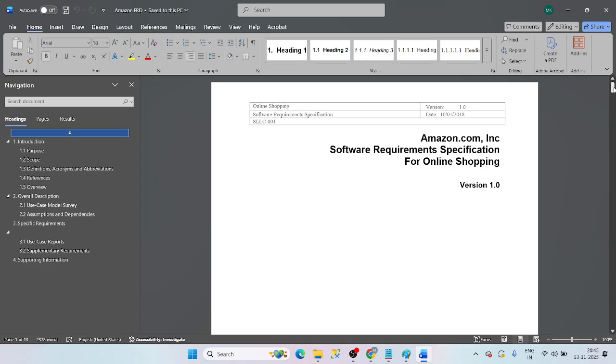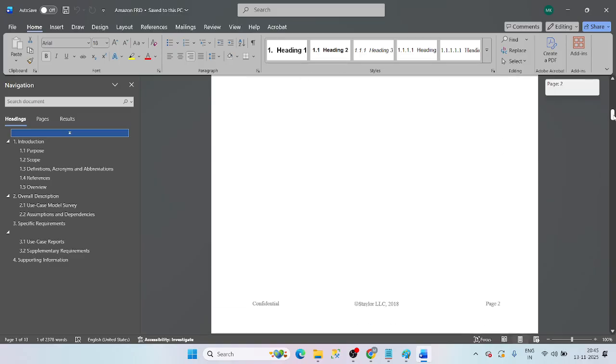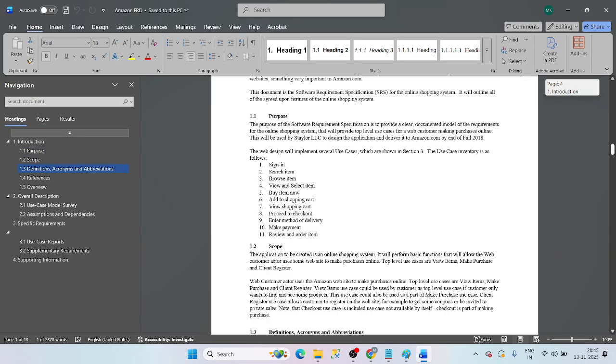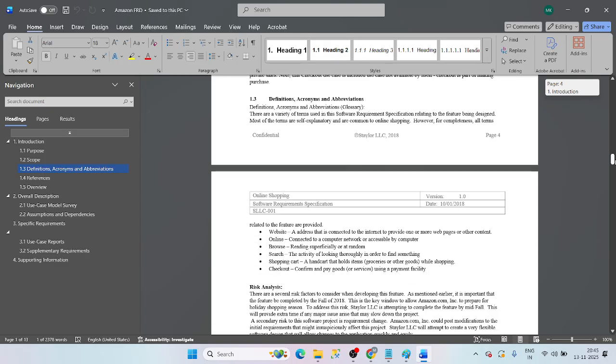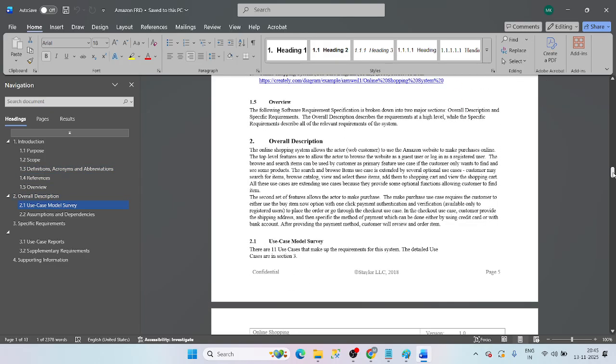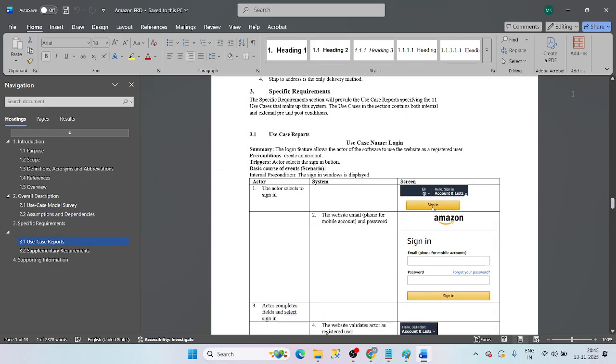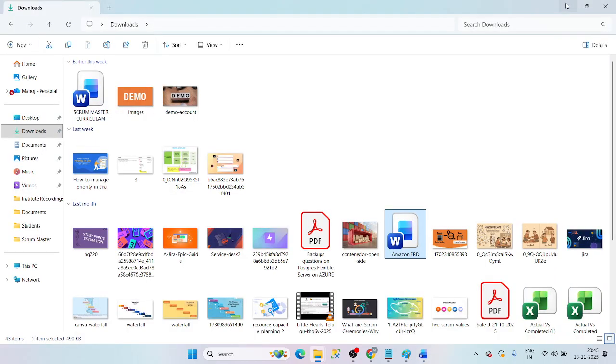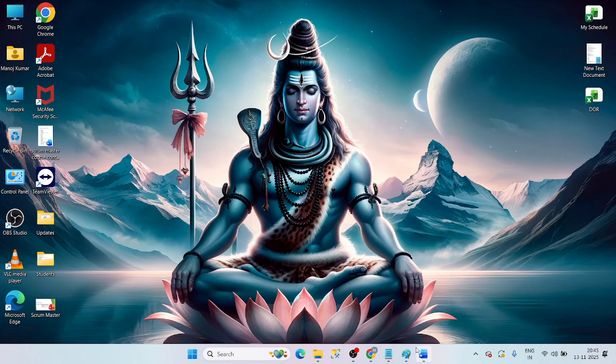Yes, here also the same thing. We have the documentation of Amazon. If you can see here, Amazon.com. This is the documentation. We read about this, and after reading all this documentation, we haven't found anything about Bhagavad Gita.